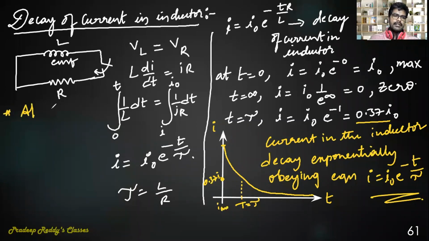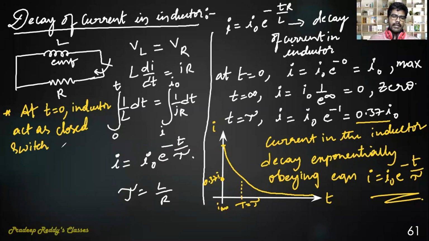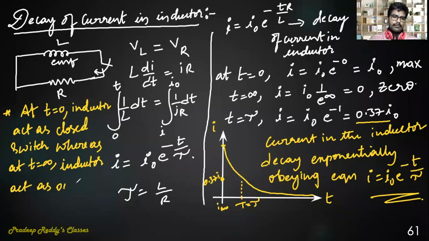At t is equal to 0, the inductor acts as a closed switch, whereas at t is equal to infinity, the inductor acts as an open switch.